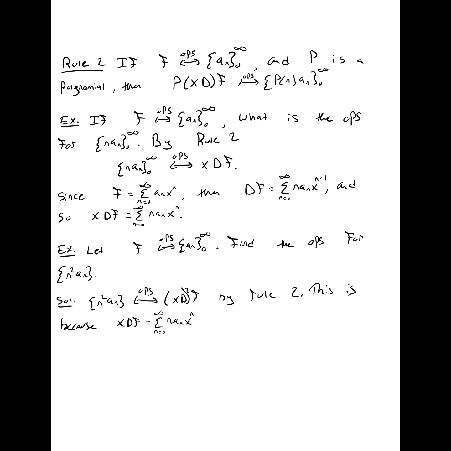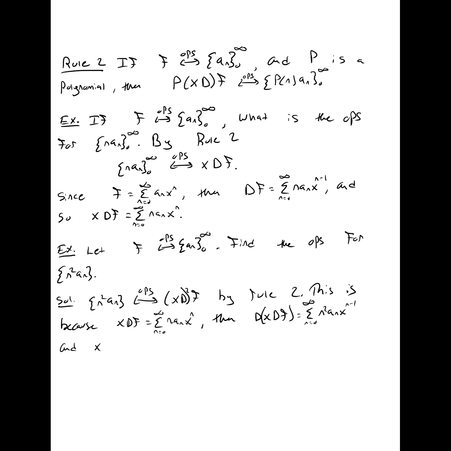Now if I differentiate this again and multiply by x again, then first, differentiating, df would be equal to the sum from n equals 0 to infinity of n squared a sub n x to the n minus 1. So we're only off by this single x.